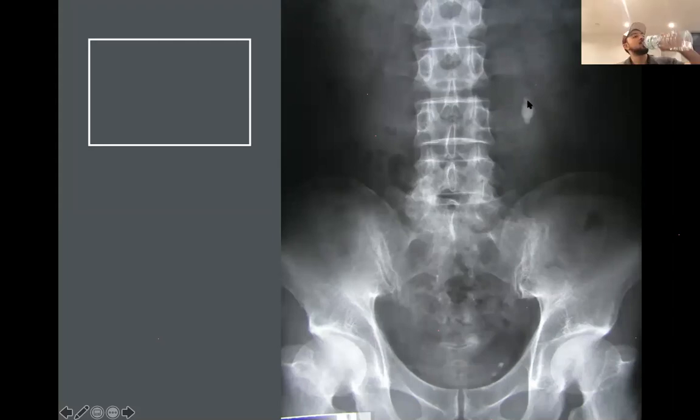It appears very white because, as you know, kidney stones are very dense. They're very similar to the bone, so they appear very bright, and that's why they appear in that shade of white.